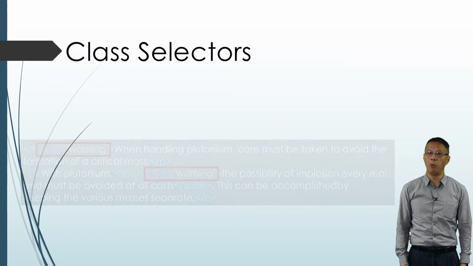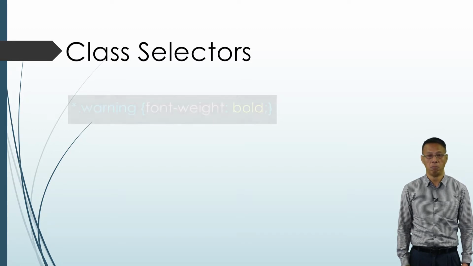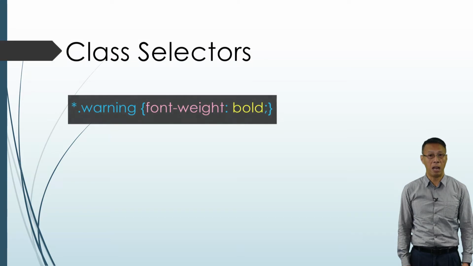Now say I would like to have a display with the font weight equal to bold for anything I defined with class equal to warning. There are two ways to specify that. First is star.warning.